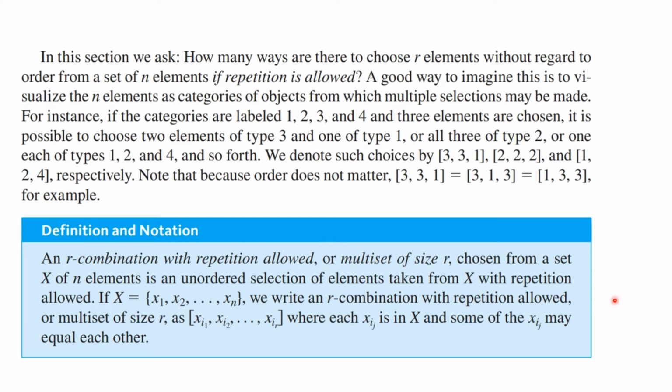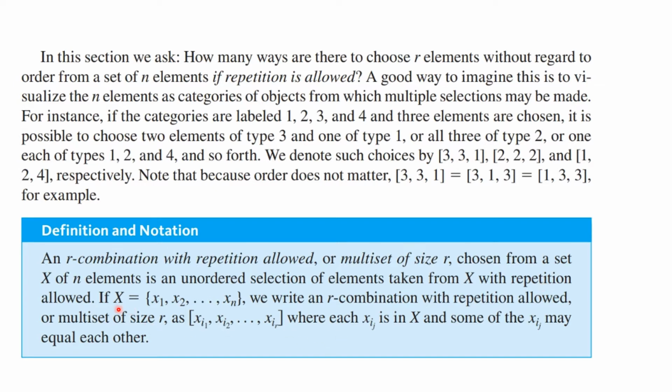So here are some definitions and notations. An R combination with repetition allowed, or sometimes called a multiset of size R, chosen from a set X of N elements, is an unordered selection of elements taken from X with repetition allowed.